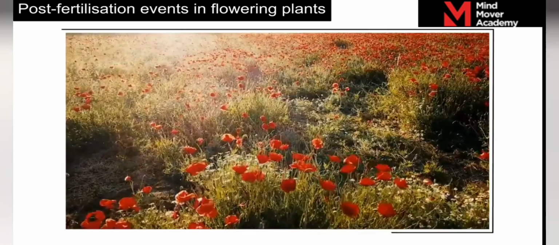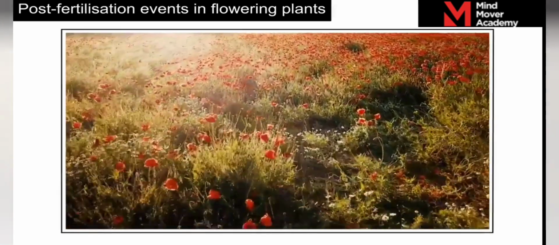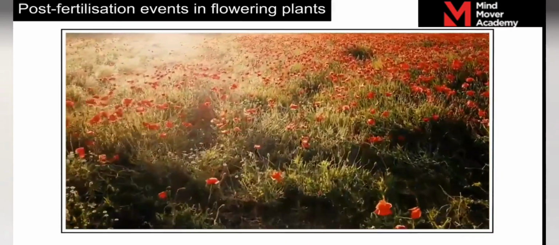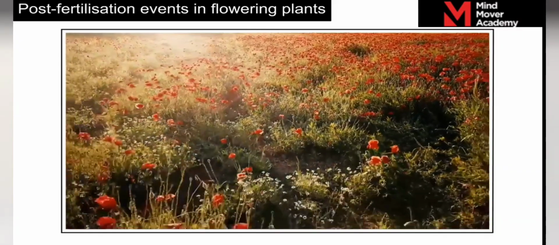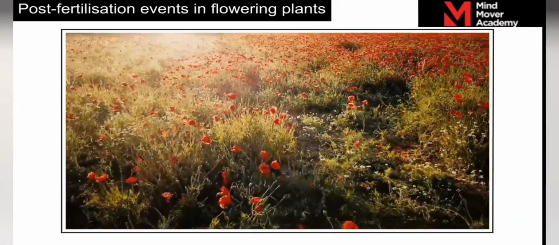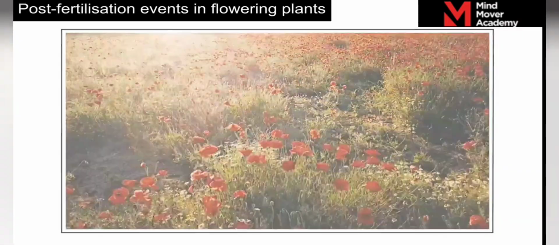Well, that's a lot of information about flowering plants. So now, why don't you just pause the video and recall the journey we've covered so far? Or, let's do it together. Flowering plants or angiosperms are composed of calyx, the sepals, corolla, the petals, androecium, the stamens, and gynoecium, the carpels.